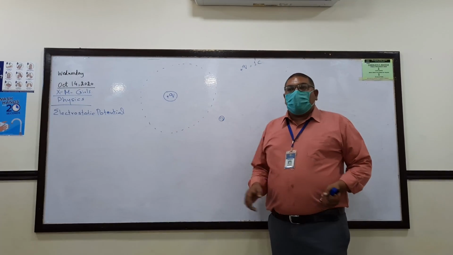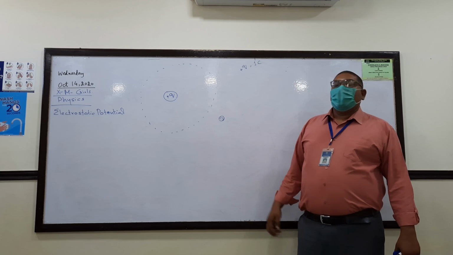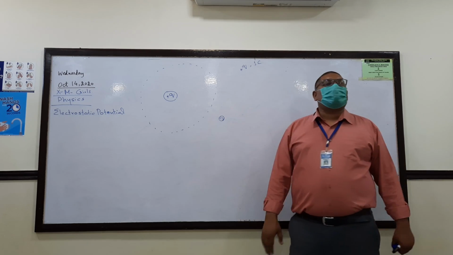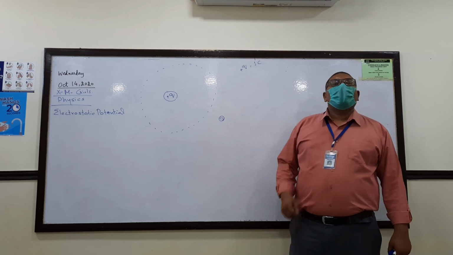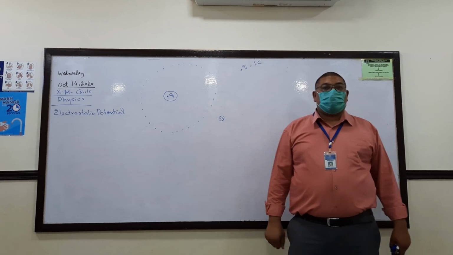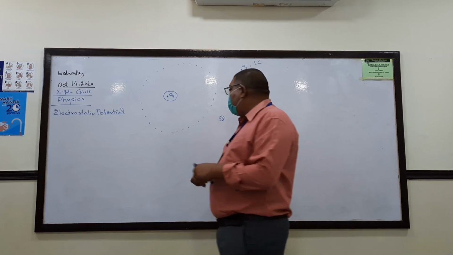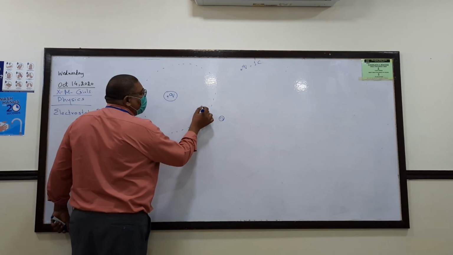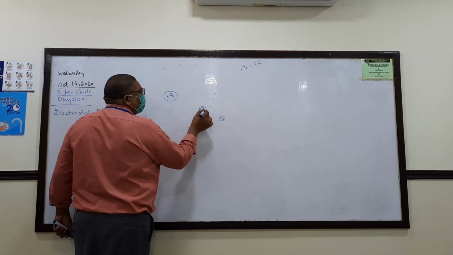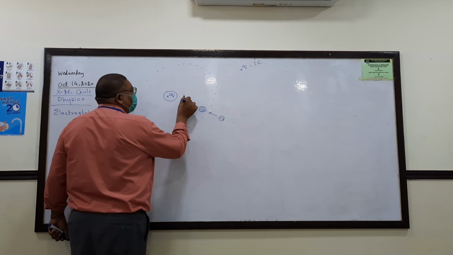Now, if you want to move this test charge from this infinite distance near it, you have to do work. You have to provide energy. Because when I move it, for example, from this infinite distance, and bring it here, coming in this direction, then I bring it here.